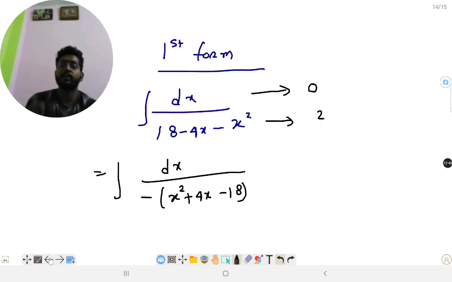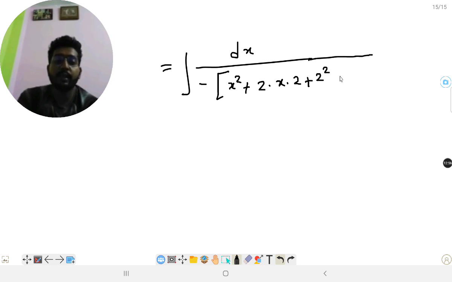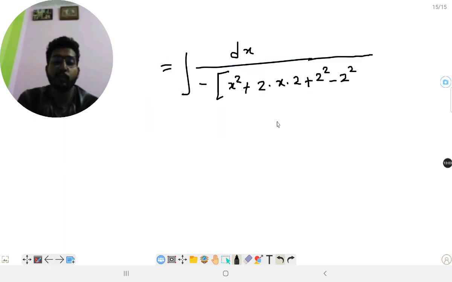So we know x square plus 2ab plus b square. So 4x can be written as 2 into x into 2. Now this is the b, so b square. Now this is the extra term, that means minus b square. Now it is given minus 18, so that will be minus 18.